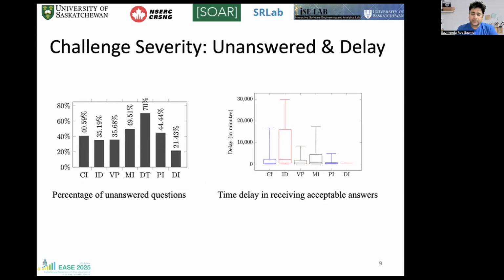Side by side, we also calculated the time delay, which is the difference between the question posting time and the accepted answer. Here we find that installation difficulties has the highest average and median time delay among the seven challenge types. This is how we calculated the challenge severity.